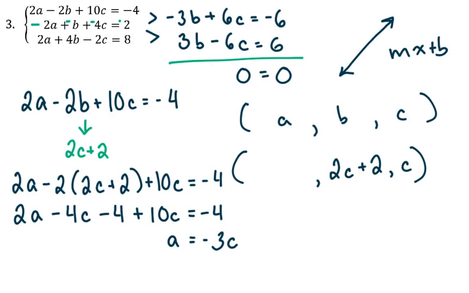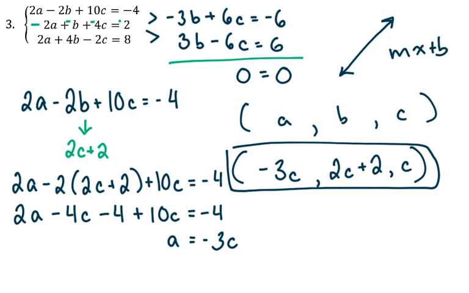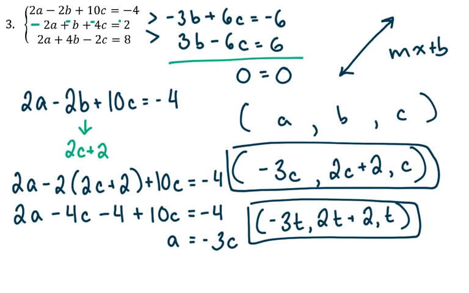And I know I'm jumping some algebra steps, so please ask me questions in here or in the video chat if you're stuck. But now we have A by itself, and we can plug that in here, and we have negative 3c. Now I'm fine with it like this. Your textbook is always going to use t as the variable, so you might see negative 3t, 2t plus 2, and t as your final answer in the back of the book.